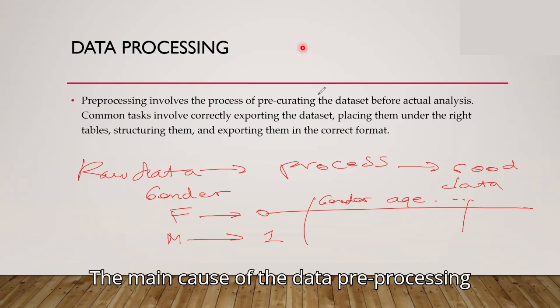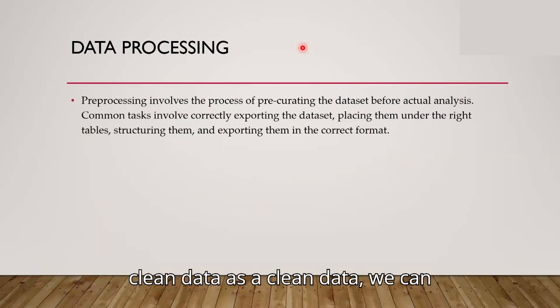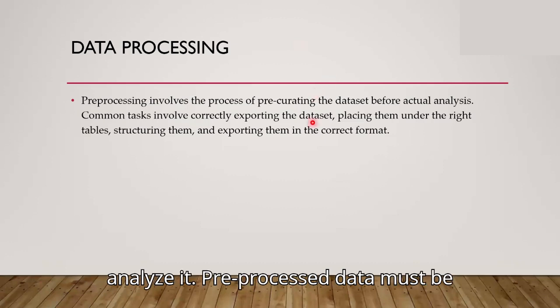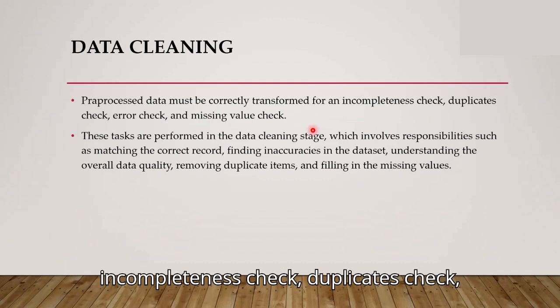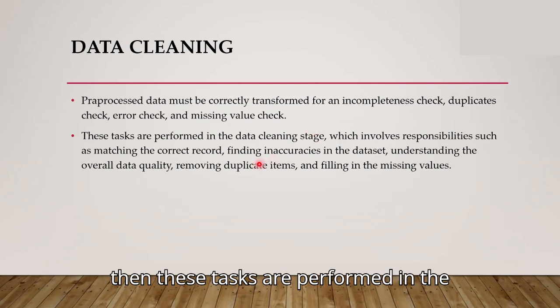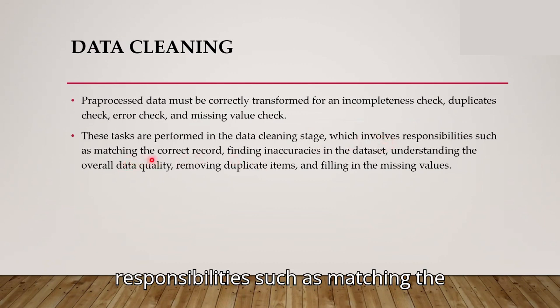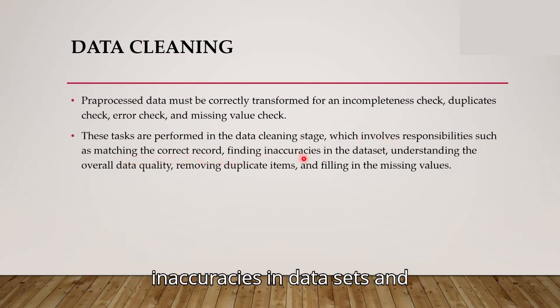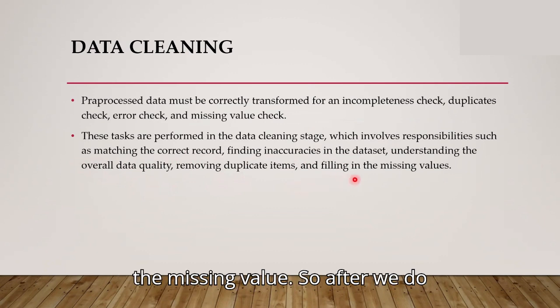The main goal of data processing is to have clean data. With clean data, we can analyze it. Preprocessed data must be correctly transformed for an incompleteness check, duplicates check, error check, and missing value check. These tasks are performed in the data cleaning stage, which involves responsibilities such as matching the correct records, finding inaccuracies in data sets, understanding the overall data quality, removing duplicate items, and filling in the missing values.